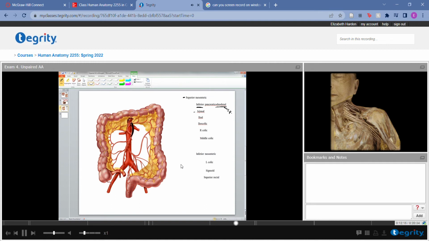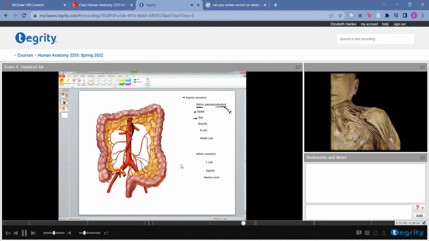And in fact, that's going to be supplied by our jejunal arteries. Again, they're not going to be in this picture, but I suspect they would be these little branches coming off the superior mesenteric right there. Then the next part in the path of the small intestine is going to be the ileum. So the ileum is going to be supplied with the ileal arteries. It is really just that simple. We're simply going in order of the GI tract.